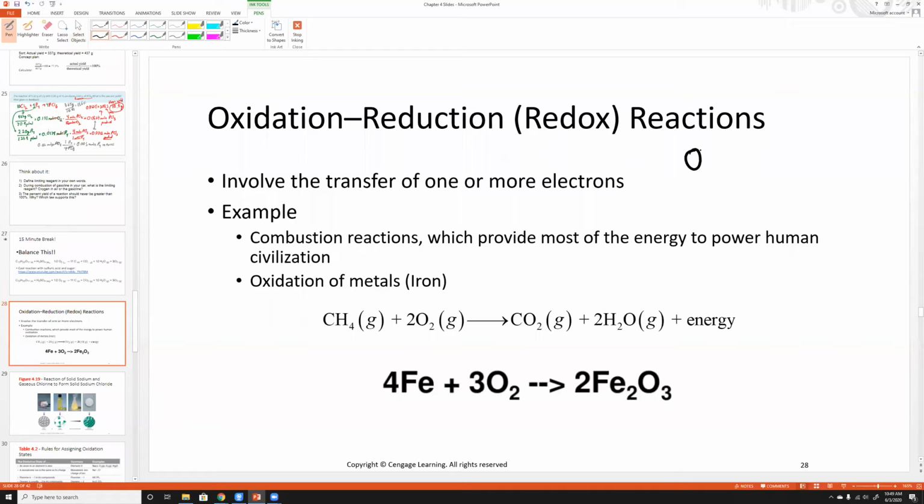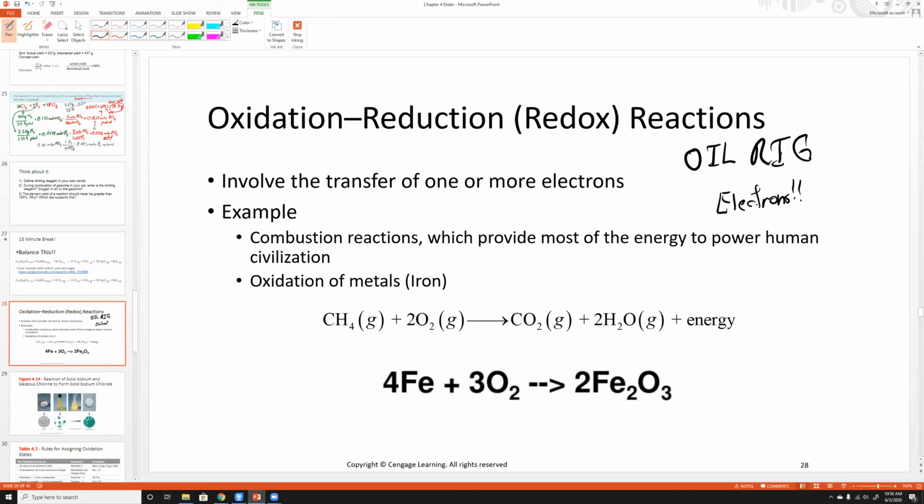If you remember from high school, or if you're retaking the class, OIL RIG. It means oxidation is losing, reduction is gaining. Gaining what? Gaining electrons.